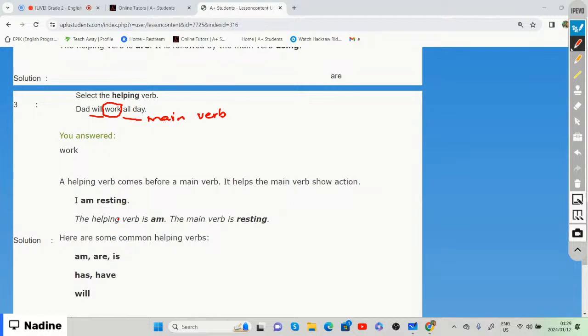And remember, we said that a helping verb comes before a main verb, and it basically helps the main verb to show the action.